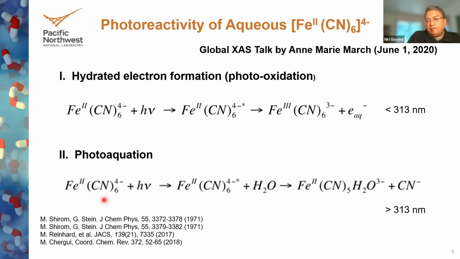And it's known that beyond 330 nanometers, the photoaquation process is the dominant mechanism, which essentially says that you shine light on the system and it goes into an excited state. And then the system ends up losing one cyano ligand and it's replaced by one of the waters in the bath. And then you end up getting an aquated system with one CN left out.